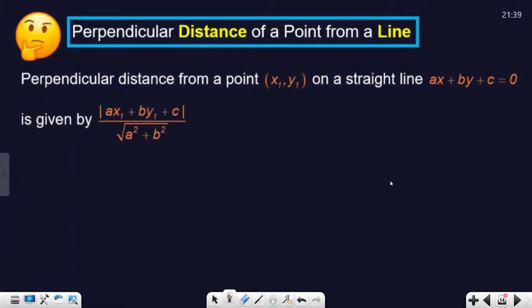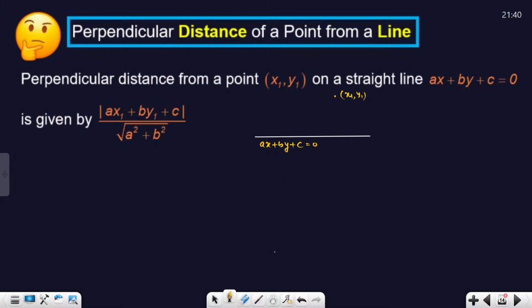Okay, next is a concept. The perpendicular distance from a point x1, y1, this is the formula which we have to remember. What they are saying is that if there is a line whose equation is given by ax plus by plus c equals 0, and there is a point outside this line which is x1 comma y1.